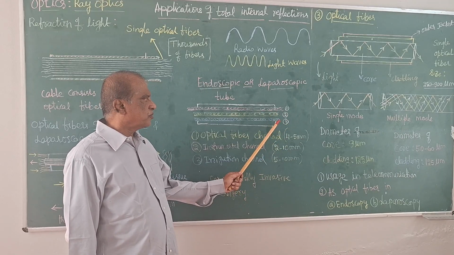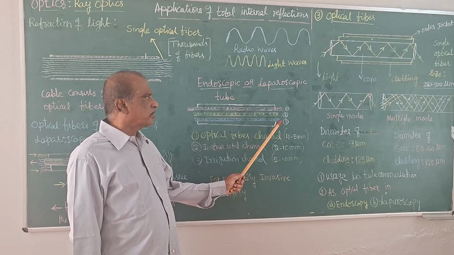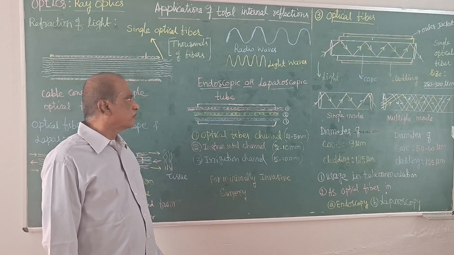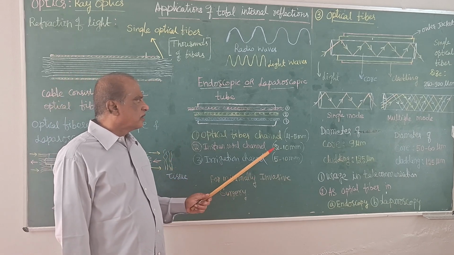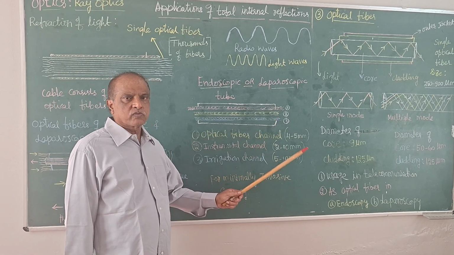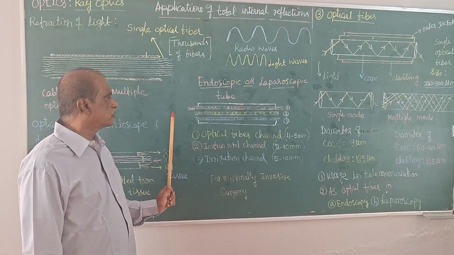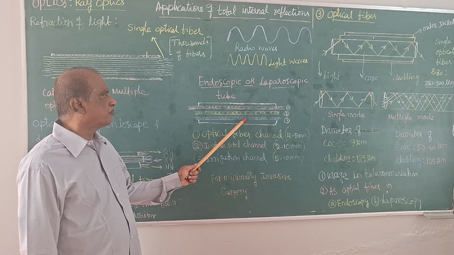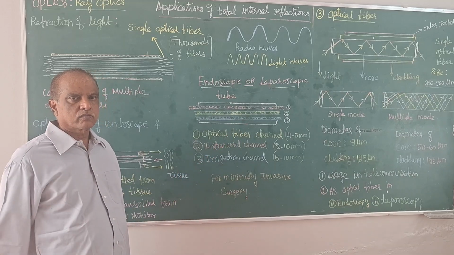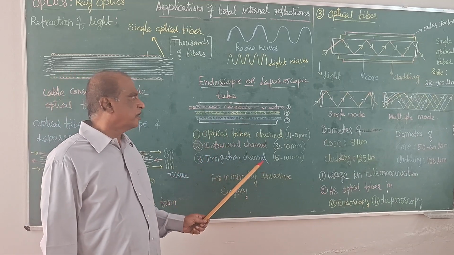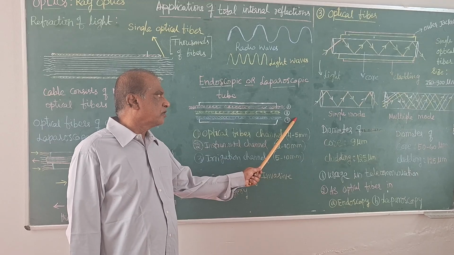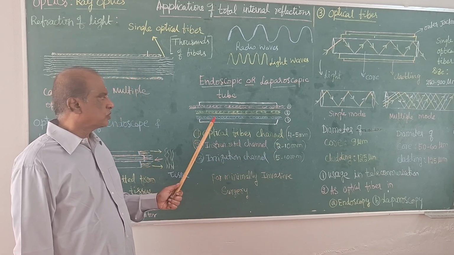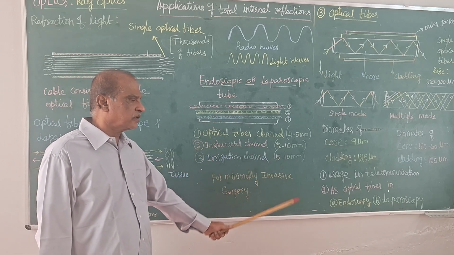We always keep washing this lens with the saline water for a clear view on the monitor, on the TV. For this we have the tube that is carrying water from outside to inside. And also there will be a tube to pump out the unwanted debris and blood from the site of surgery through this channel. It is called the irrigation channel.